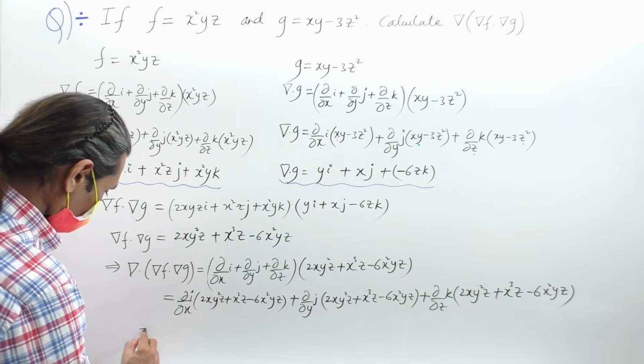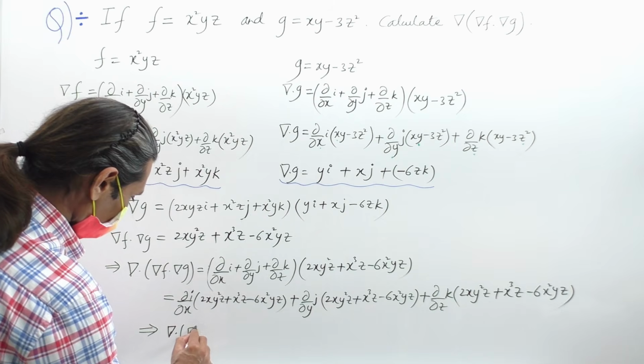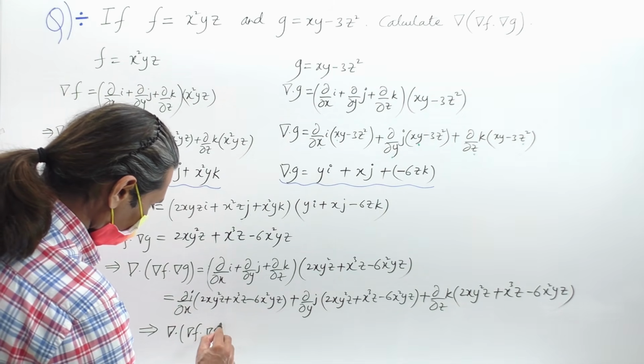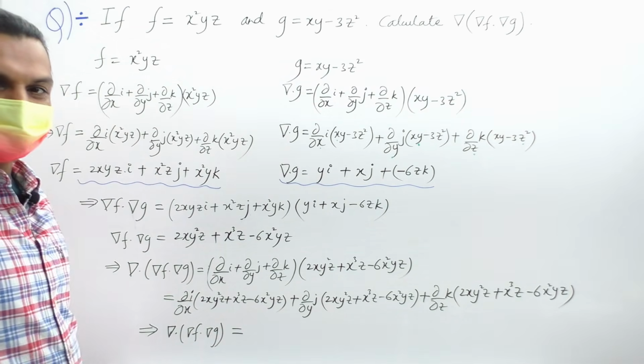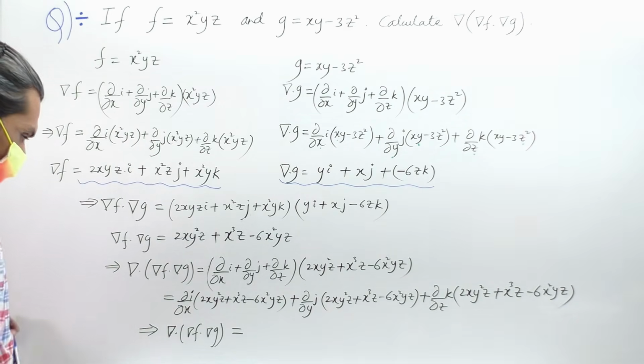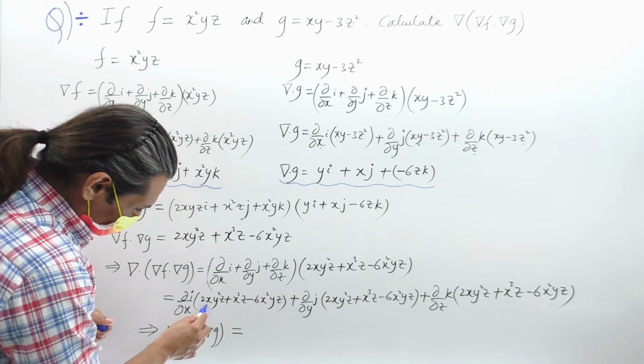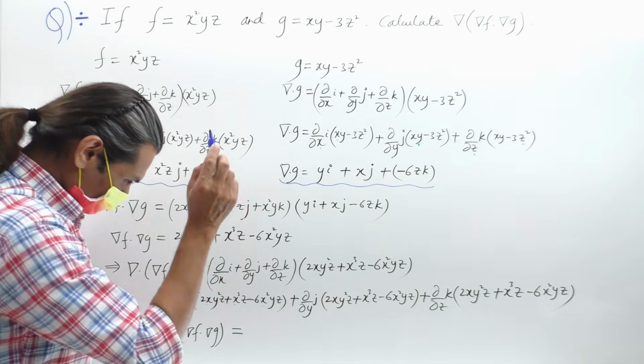That implies, as for the question, del of f into del of g is equal to, what's that? ∂/∂x, again ∂/∂x. See, x is here, x is here, x is here.